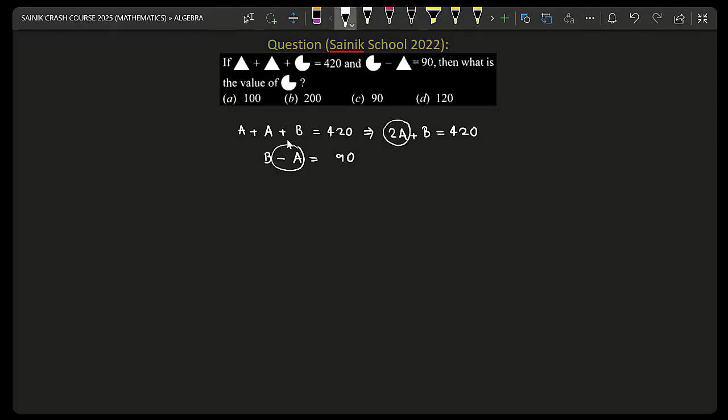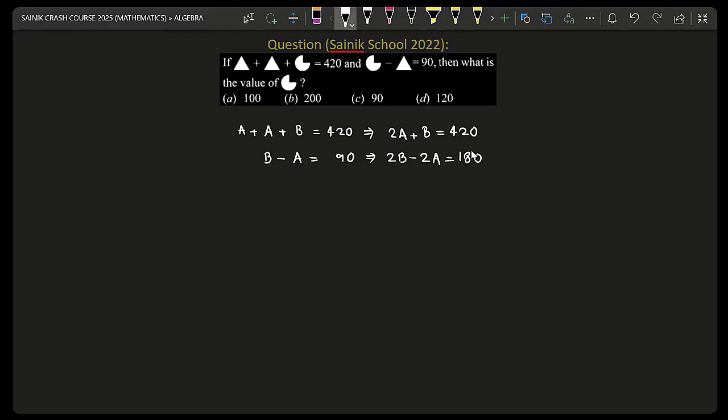So if I multiply the second equation, that means B minus A is equal to 90, both sides of the equation, that is LHS and RHS, by 2, I'm going to get 2B minus 2A is equal to 180. So what I did, I multiplied both sides by 2.